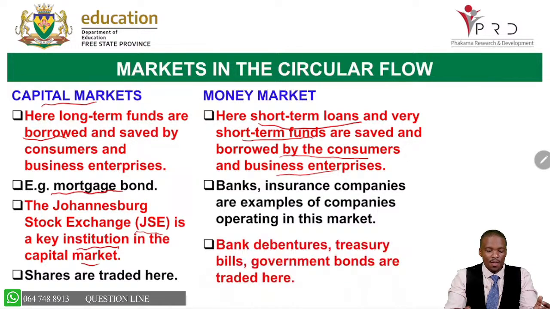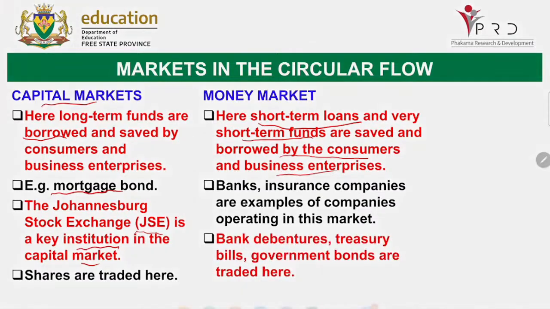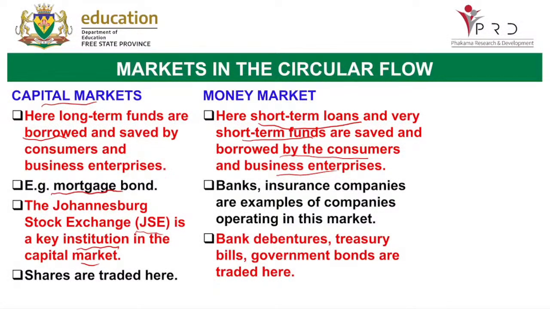All right. Examples of resources that are traded there. We look at the issue of debentures, treasury bills, as well as the issue of government bonds. Those are the good resources that are traded there. So here, the tricky part, something that we usually ask you, grade 12, is to say, give us examples of commodities that are traded in the capital market.